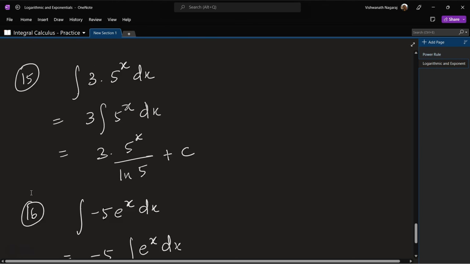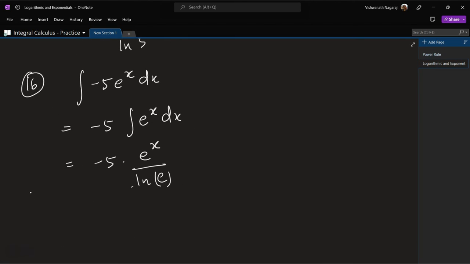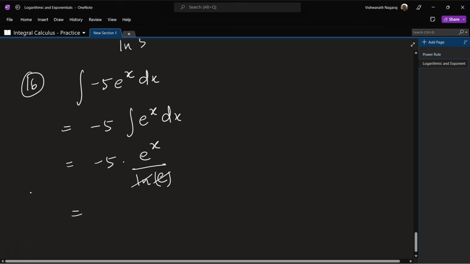If we strictly follow the pattern that we have been following, but then natural log and e cancel out each other because they are inverses of each other. So we are left with, if they cancel out, we are left with 1. So answer is minus 5 e to the power of x.